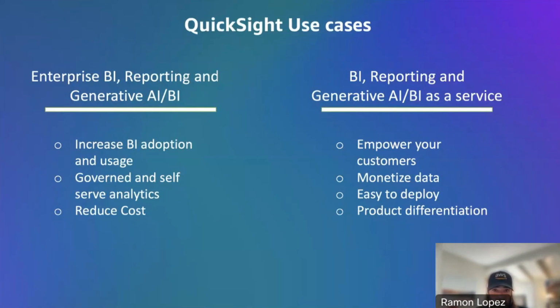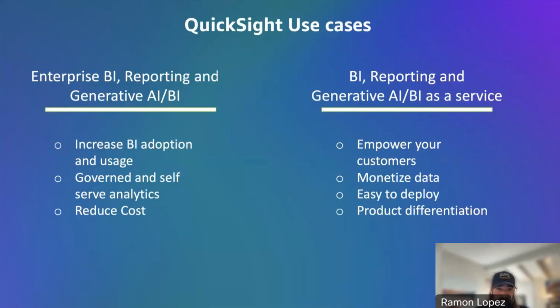And what is this doing for the organization? This is increasing BI adoption and usage, giving the tools to everyone in the organization to either read and consume some data that they should have access to, or to do analysis and work with raw data and convert it into the structure that you need, and building the analysis on top of it. Wherever you are across the cycle of building analysis, we're supporting that usage.